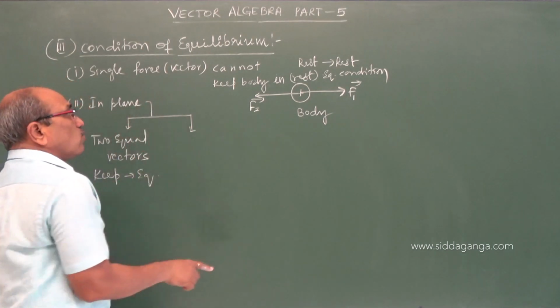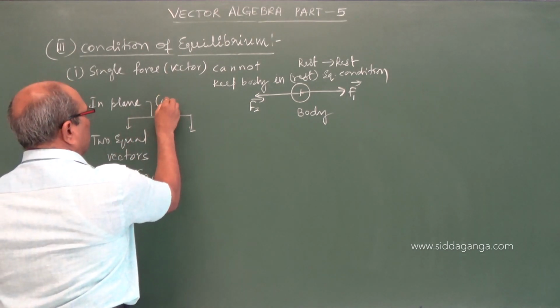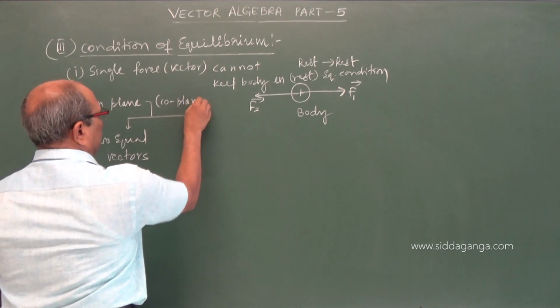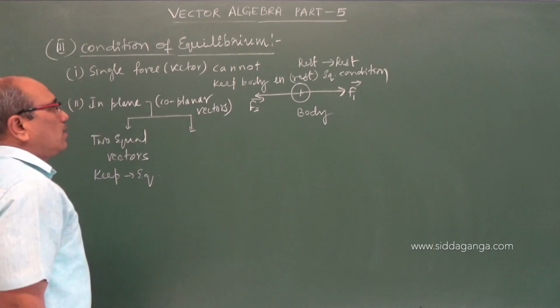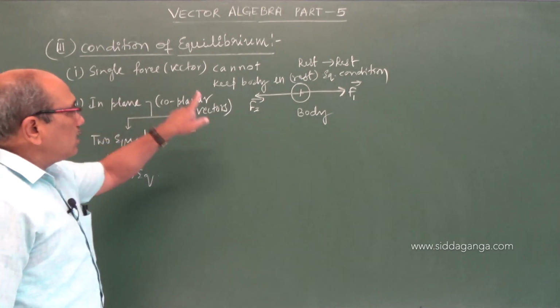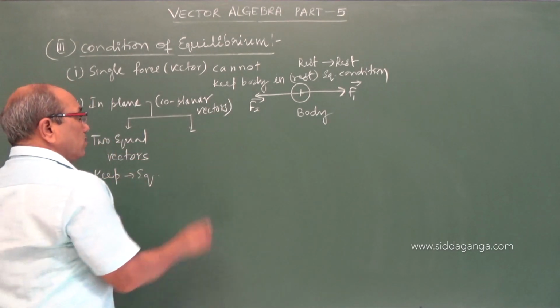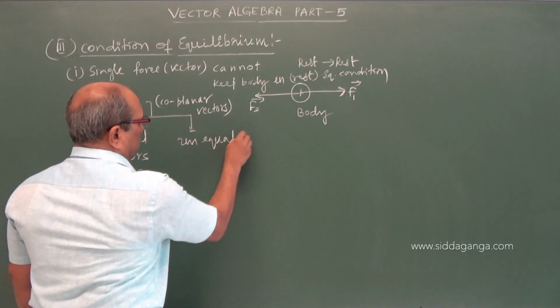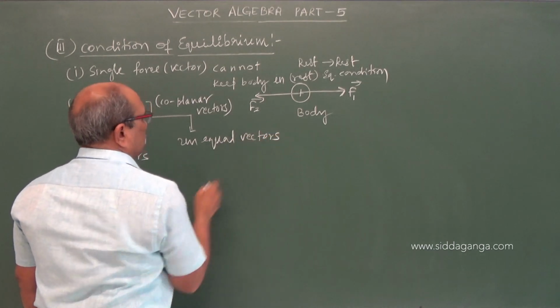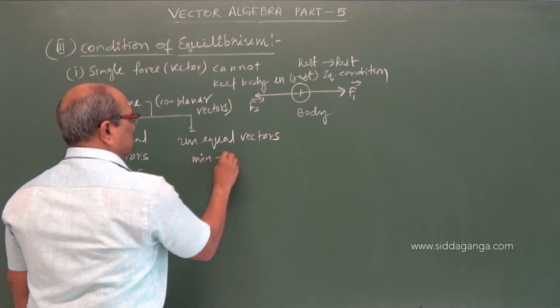In a plane, they are coplanar vectors, that is what are called coplanar vectors. Under coplanar vectors, for unequal vectors the minimum required is 3.